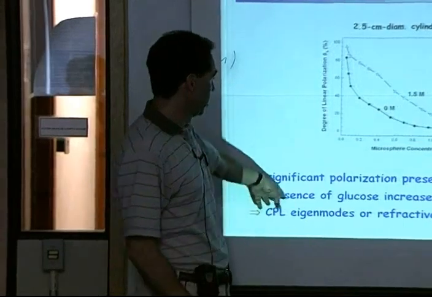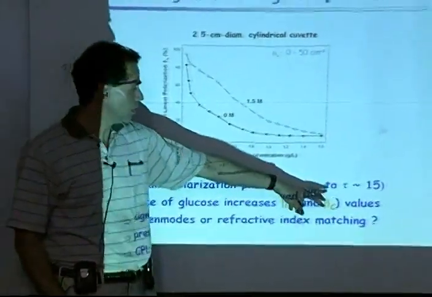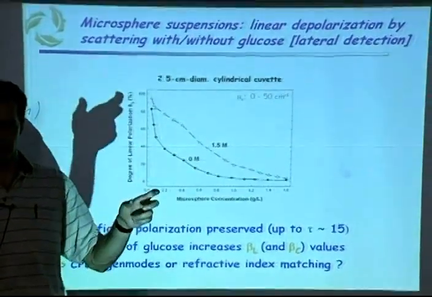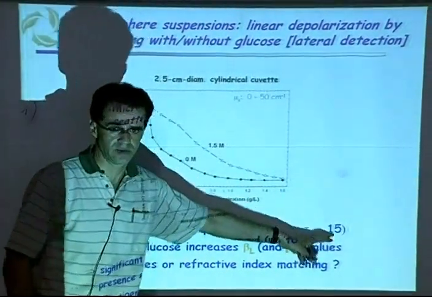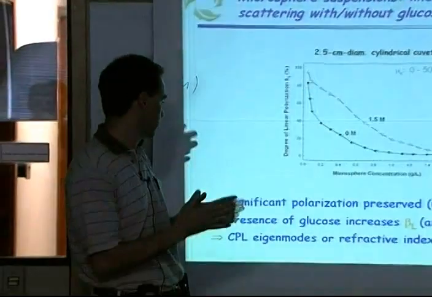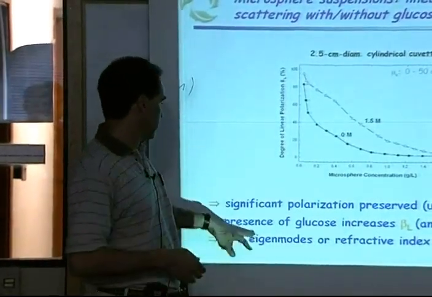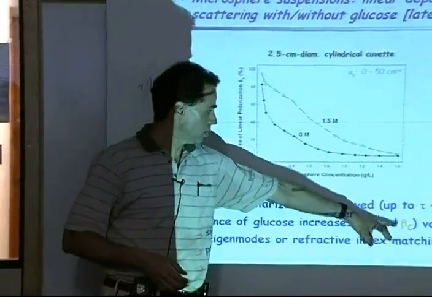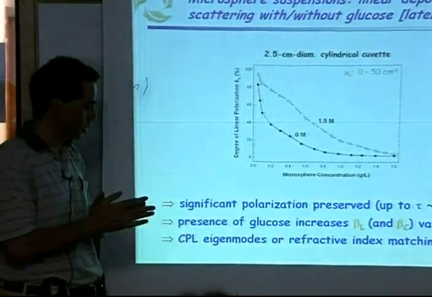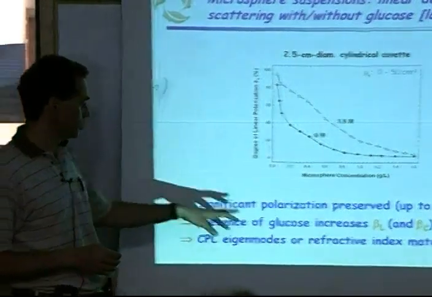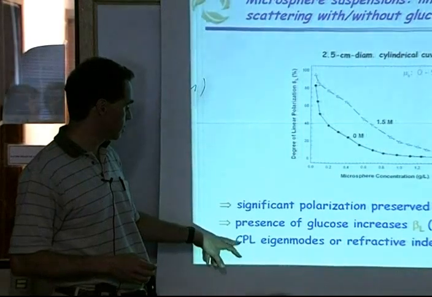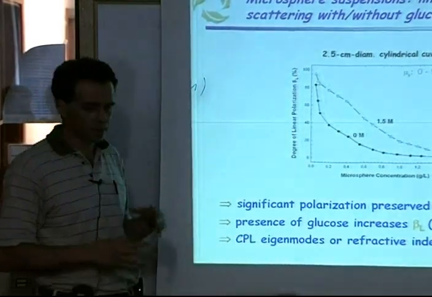But we can have significant polarization preserved up to an optical depth of about 15. Optical depth is the product of the scattering coefficient and the physical depth, and 15 is fairly optically thick. That's how you can quite often quantify the thickness of clouds and so on. The presence of glucose increases the linear and circular polarization retention, and there's a lot of controversy in the literature whether this is due simply to refractive index matching or to something called circular polarization eigenmodes.